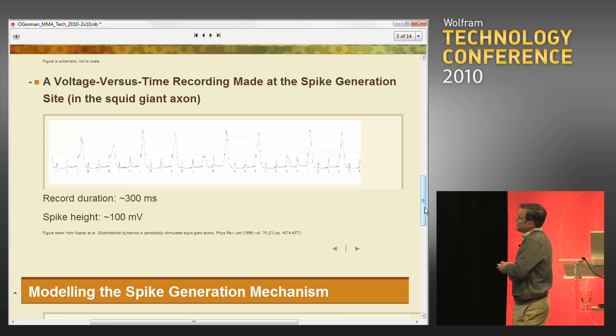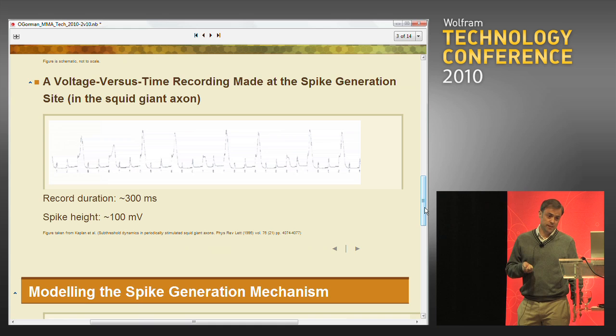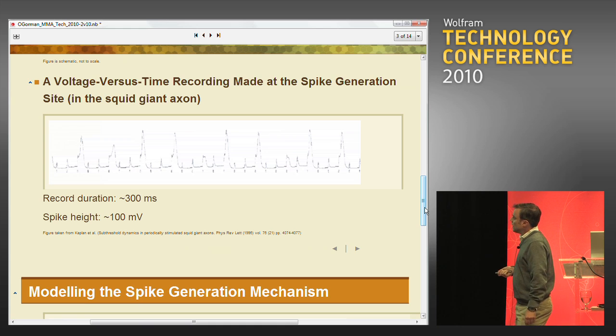And this is the voltage versus time record. You notice that there are these large excursions here. Those are the action potentials, or neural spikes. And it's these waveforms that propagate along the nerve. And it's the timing of these spikes that encode the information.